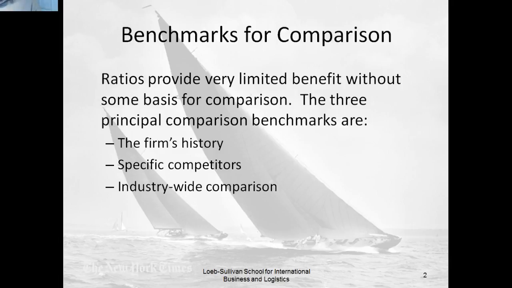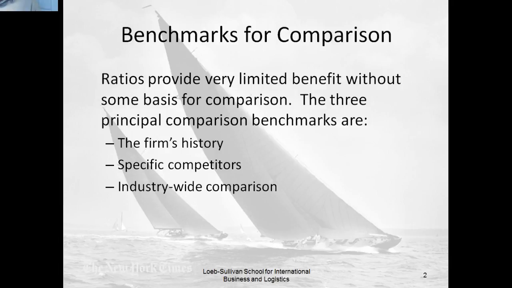You may want to look at your competitors. So take that same gross profit margin and say, well, we're at 40% and our competitors are at 43%. How are our competitors doing that? Why aren't we making as much on the sale of each product as our competitors who are in a similar business? So comparing our ratios to the ratios of competitors, the competitor becomes the benchmark rather than our historical data.